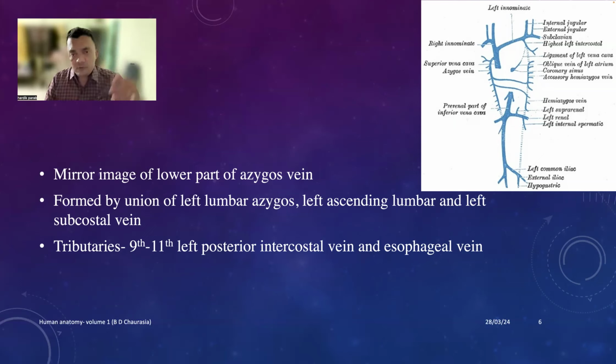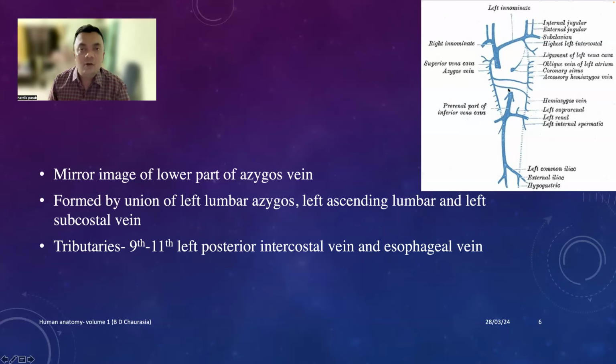And the course, if you see, is that it enters the thoracic cavity through the crus of the diaphragm. Then it ascends on the left side of the lumbar vertebrae and the left side of the thoracic vertebrae. It will ascend upward. At the 8th thoracic vertebra, it will turn toward the right, from the left side towards the right. We can see over here, this is the left side hemiazygos vein.